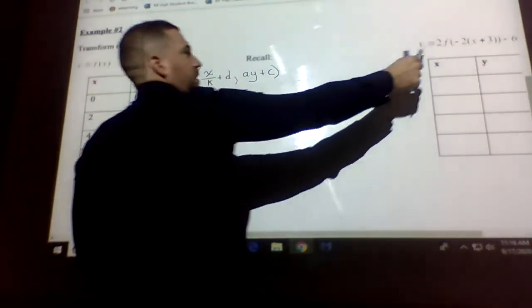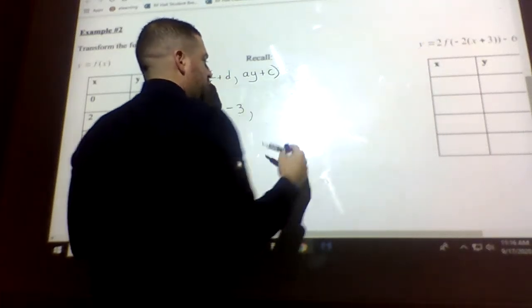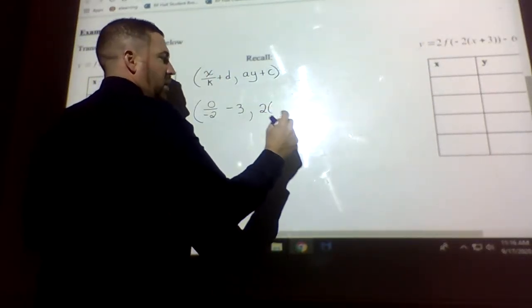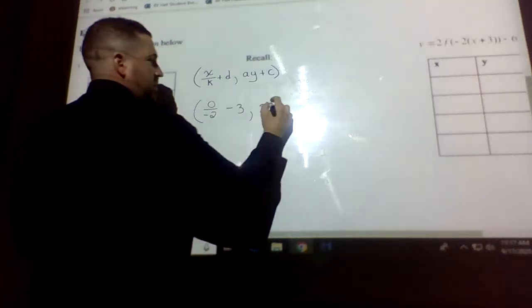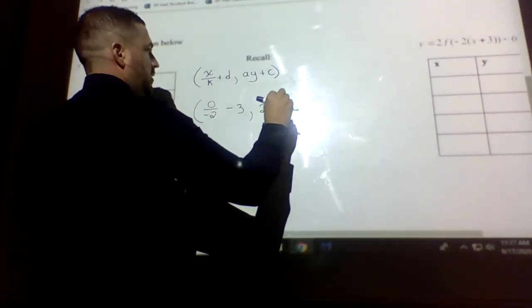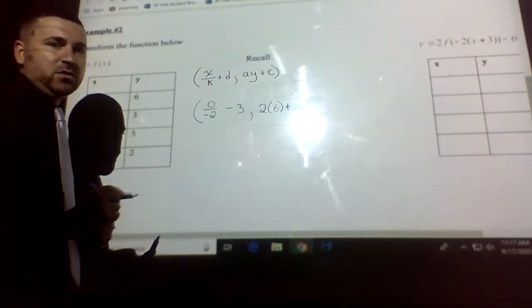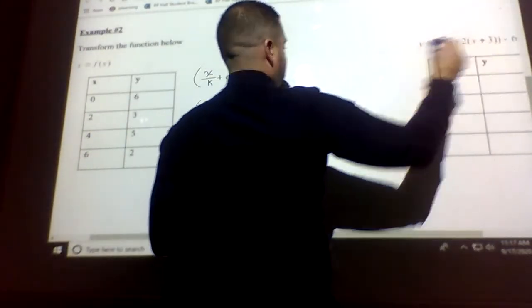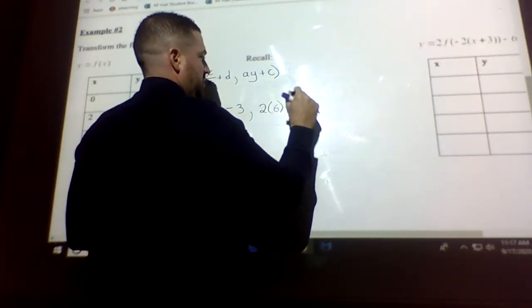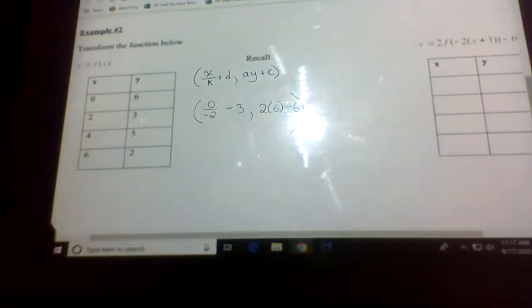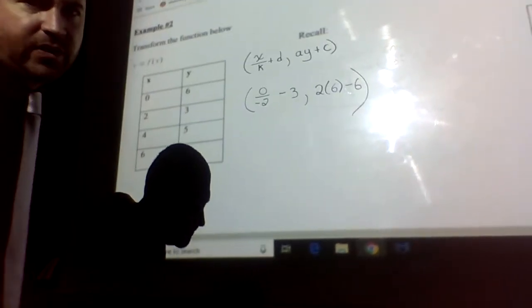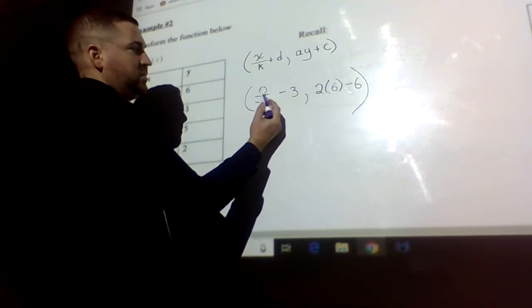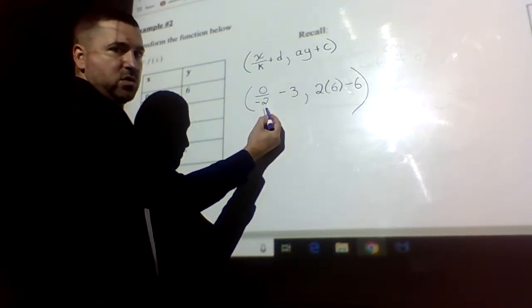Our a outside the function, the number outside the function, is 2. So we have 2 times our y value. Since we used this 0 for the x, we use this one for the y, so it's 6, plus our c value, which is -6. So subtract 6. Now we solve this. 0 divided by -2 is 0.